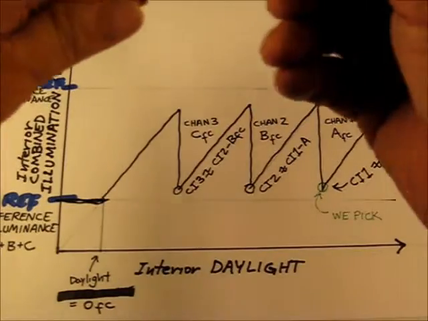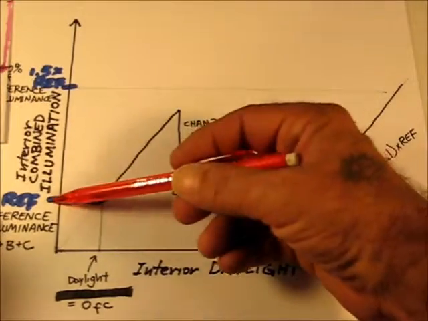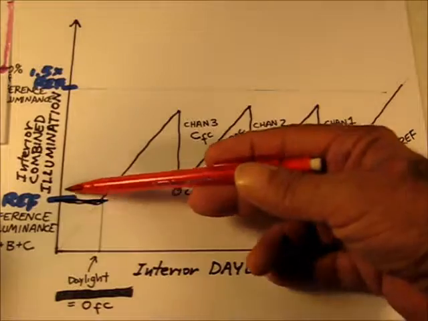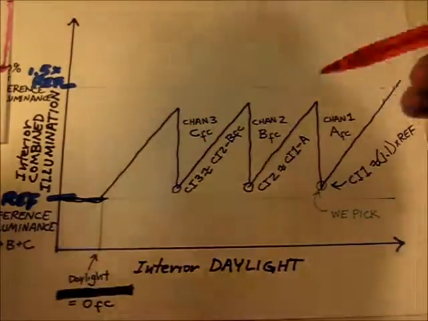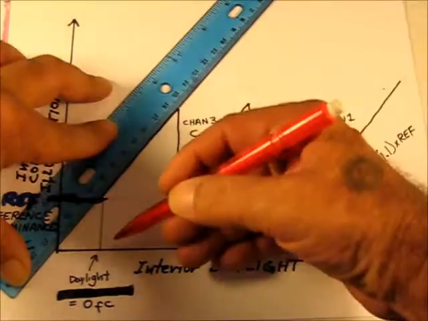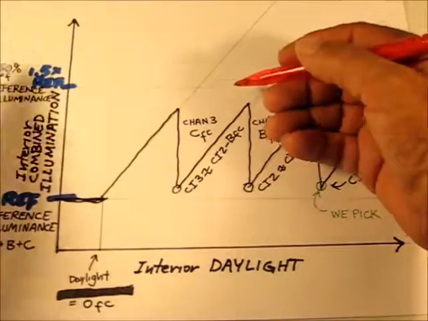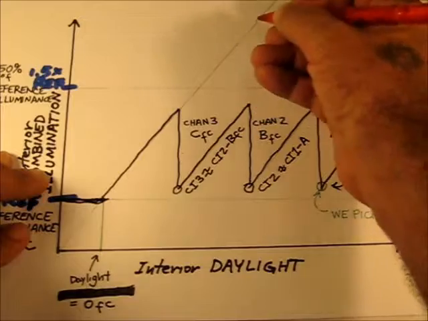Now let's remember what we're doing. We start out at reference on our little sawtooth graph because that's the value of A, B, and C all being turned on. Daylight begins to come in because this is no daylight and this is daylight, and we're actually telling the controller points on this line.